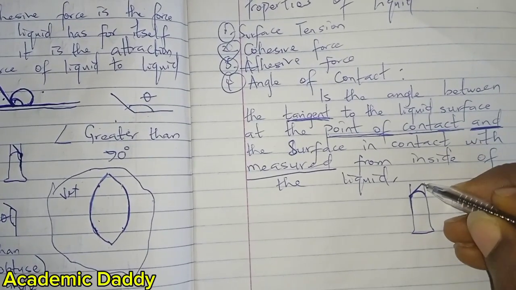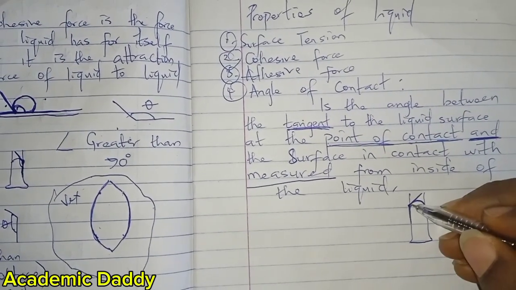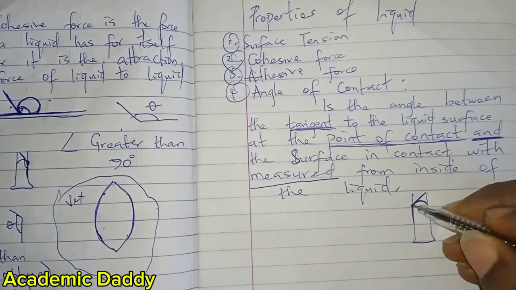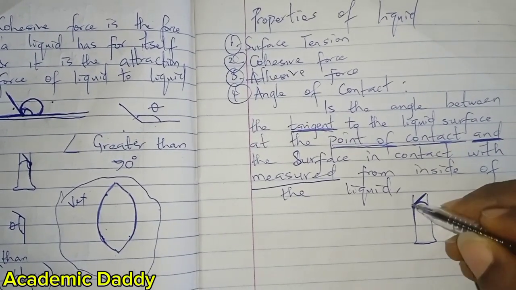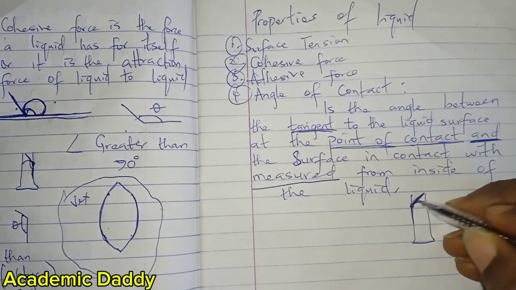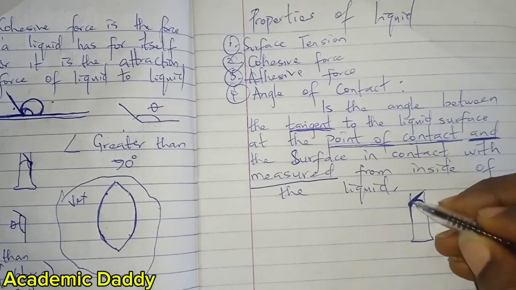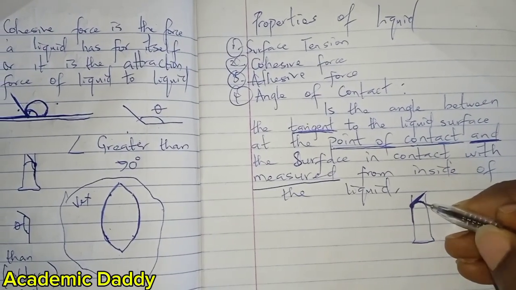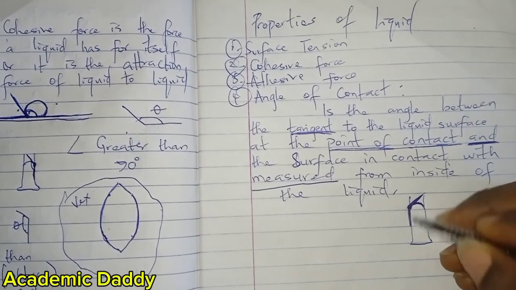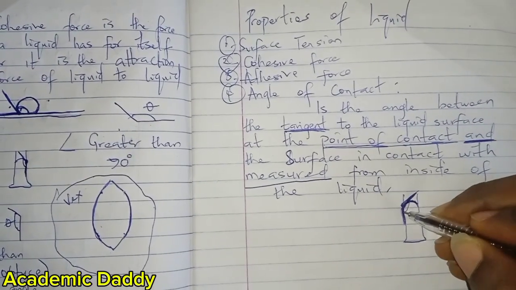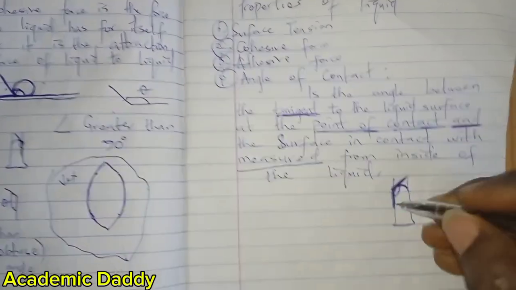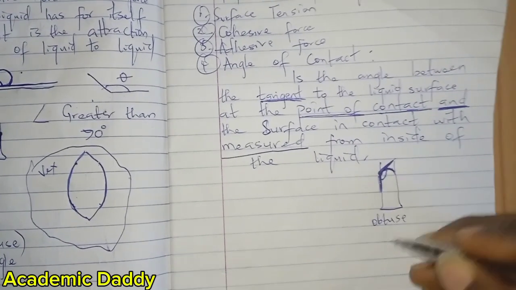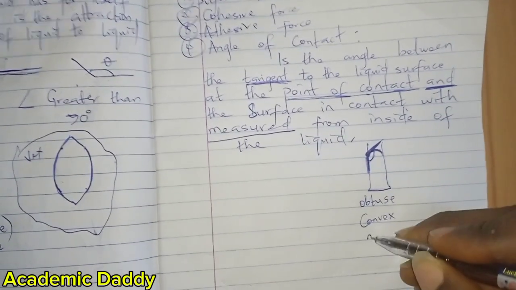So remember the definition. The angle between the tangent to the liquid surface, this is the tangent, this is the liquid surface, at the point of contact, that is where it touches the glass, measured from inside the liquid. So you can see that this is above 90 degrees. So obtuse for a convex meniscus.